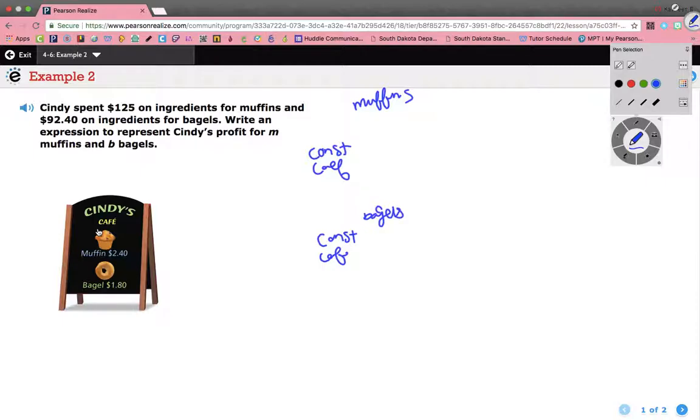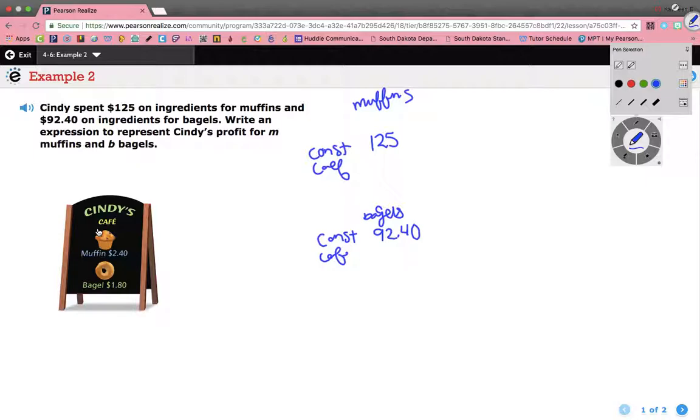The constant for muffins, well, she spent $125 on the muffins. And for bagels, she spent $92.40 on bagels. Now we have to think of our coefficient.